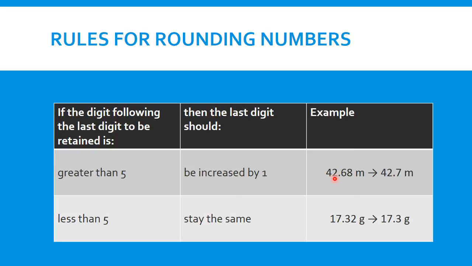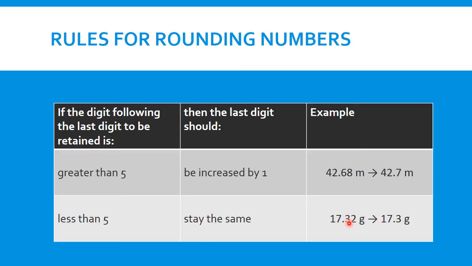So we go 42.68. We want 3 significant figures. So that's 426. The number after the 6, the third significant digit, is greater than 5. So we need to increase it by 1. So that's 42.7.